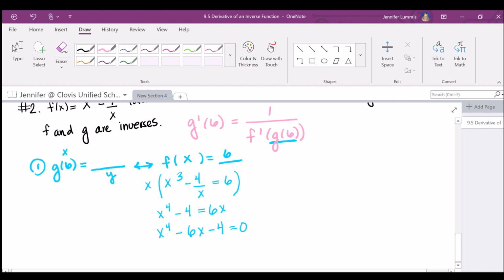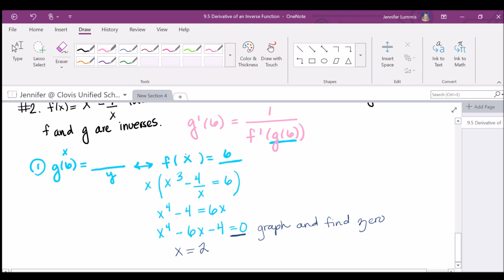So you might grab your graphing calculator and just graph this function, and you'll just look for the 0. Remember, that's what it means to equal 0 here. So it comes out to 2, which is pretty nice.